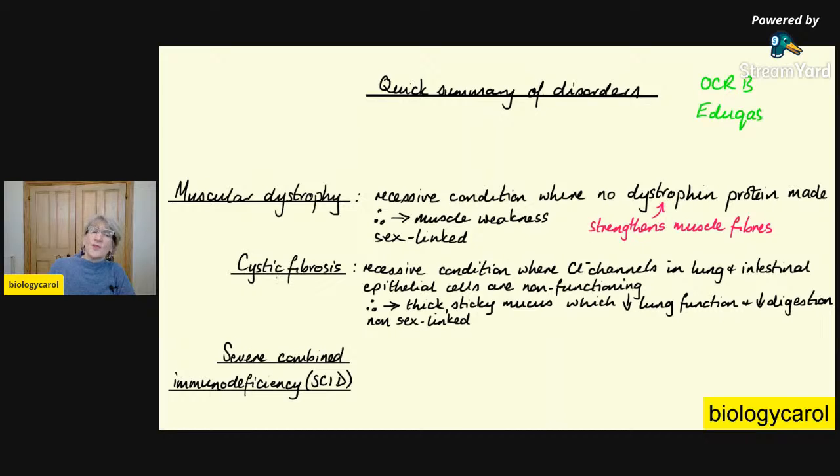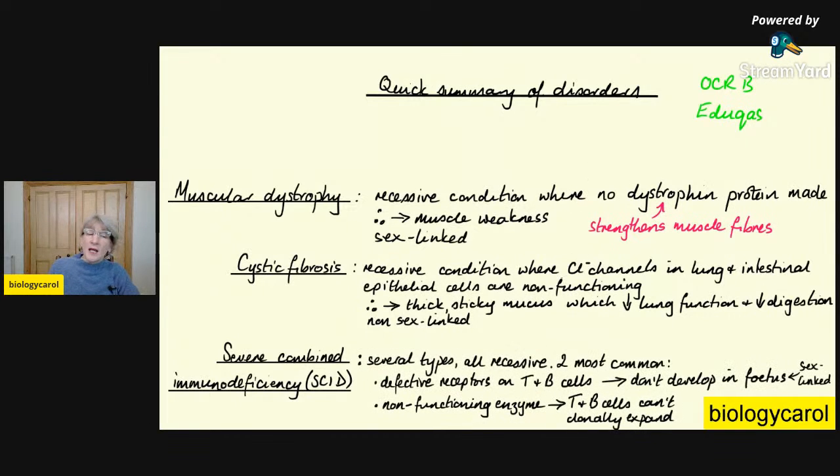Individuals suffering from cystic fibrosis struggle with clearing the mucus from their lungs, and therefore will have trouble breathing adequately, particularly on exercise. Their digestion is nothing like it is in a healthy person, and therefore, particularly as children, they might struggle to put on weight. Just for the record, it's non-sex linked.